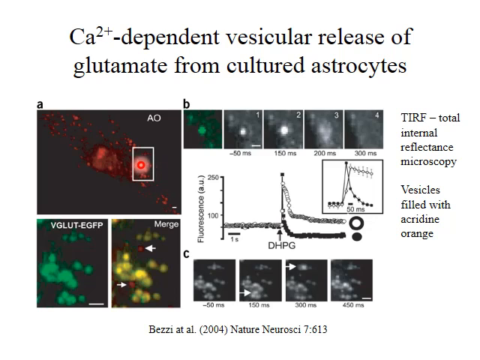The vesicles were also labeled with a fluorescent V-glut antibody, which labels glutamate-containing vesicles, and one can see that the V-glut vesicles and the acridine orange vesicles are co-localized, and thus they show up as green, demonstrating that the acridine orange is contained in the vesicles in the cultured astrocytes.